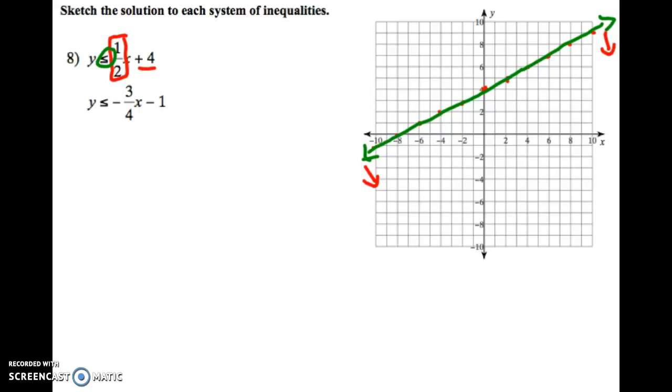For the bottom equation, second equation, we're starting at -1 on the y-axis. Slope in this case is -3/4, so we're going down 3 and over 4. We're doing the reverse, up 3 and over 4.